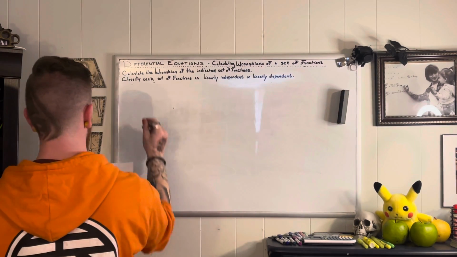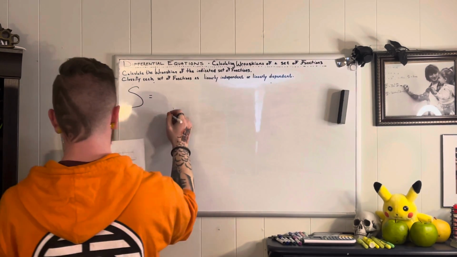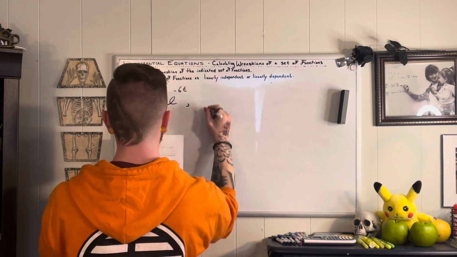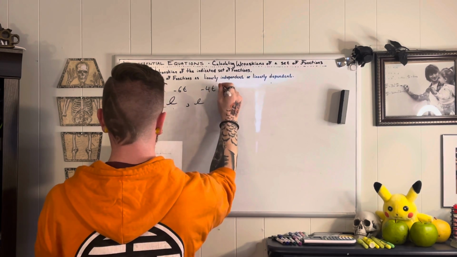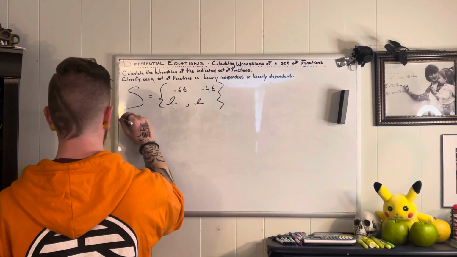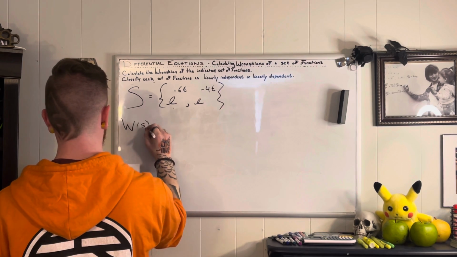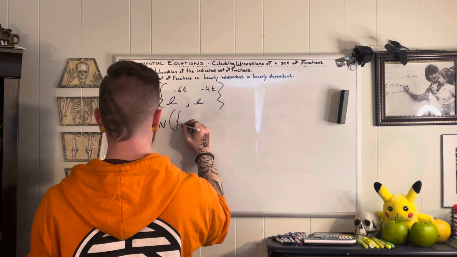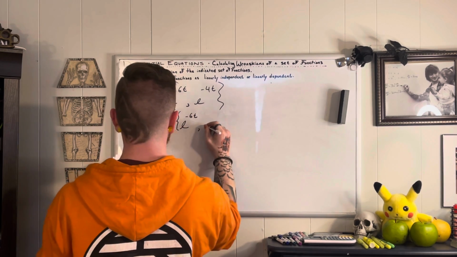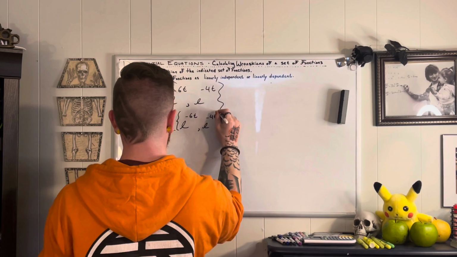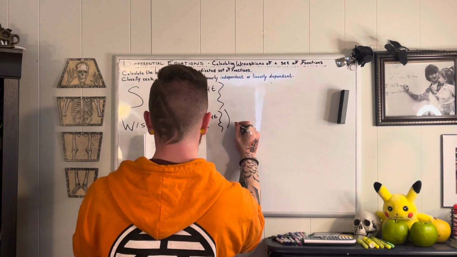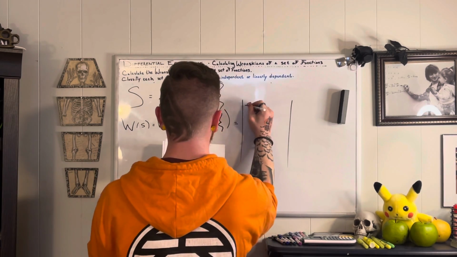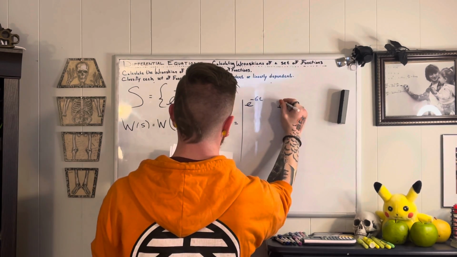Next, let's look at the set of functions S is equal to the set e to the minus 6t and e to the minus 4t. So, the Wronskian of S, which is the Wronskian of the set of functions e to the minus 6t and e to the minus 4t, is computed by taking the determinant, which in this case will be e to the minus 6t, e to the minus 4t.